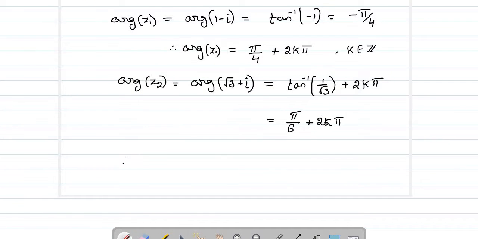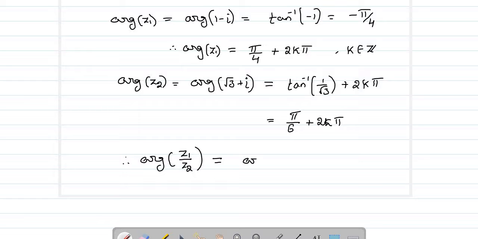So therefore, if you ask me what is the argument of z1 times z2, that is equal to minus pi by 4. What is it I need? I need the argument of z1 by z2, not the product.